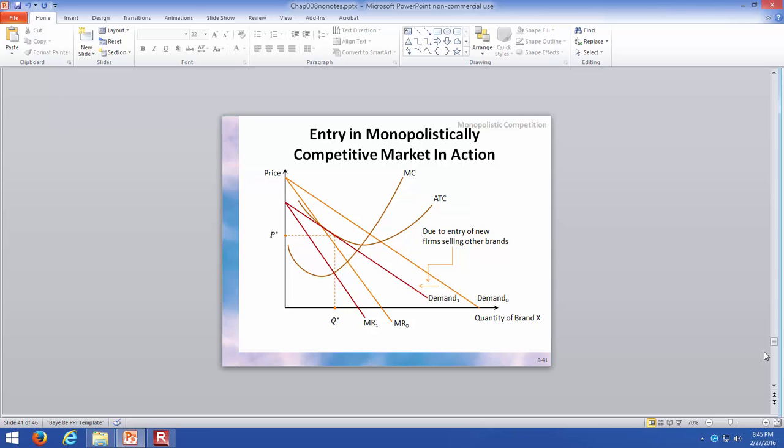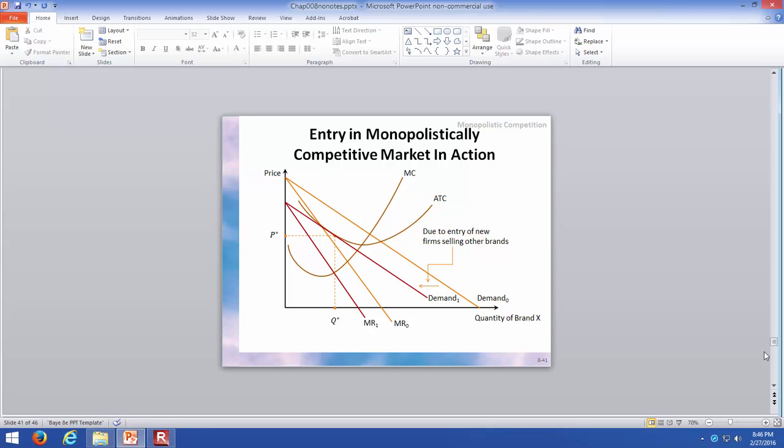Suppose that a monopolistically competitive firm that sells brand X faces the initial demand curve D0 as shown here. At this point, the firm has positive economic profits, and when more firms enter the industry, the demand for the monopolistically competitive firm's products will decrease since some customers shift to the new product, and firms will continue entering the industry until the demand curve shifts to D1 and firms in the industry earn zero economic profits.